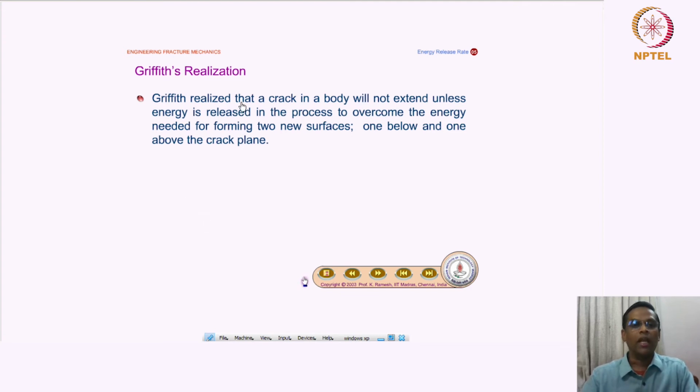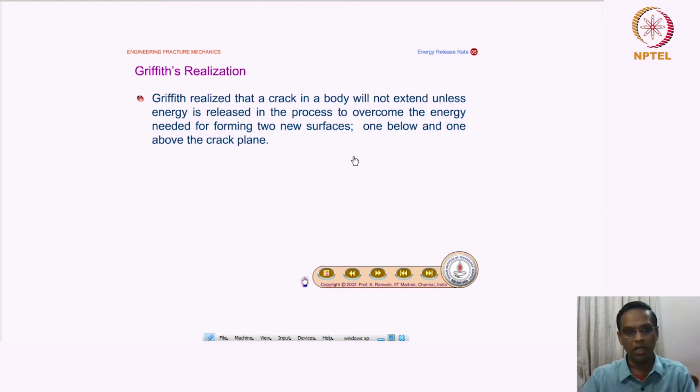But Griffith realized that a crack in a body will not extend unless energy is released in the process to overcome the energy needed for forming two new surfaces, one below and one above the crack plane. This is a very important point. What he realized is the energy required to create two new surfaces.